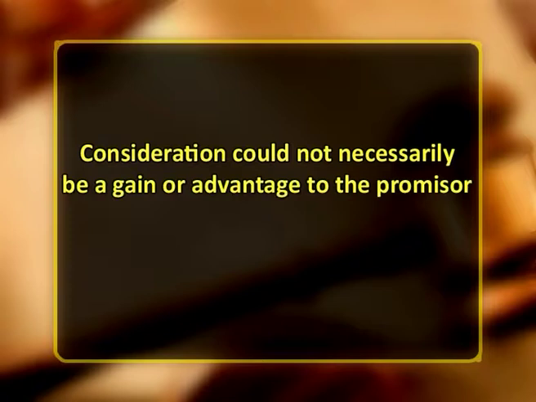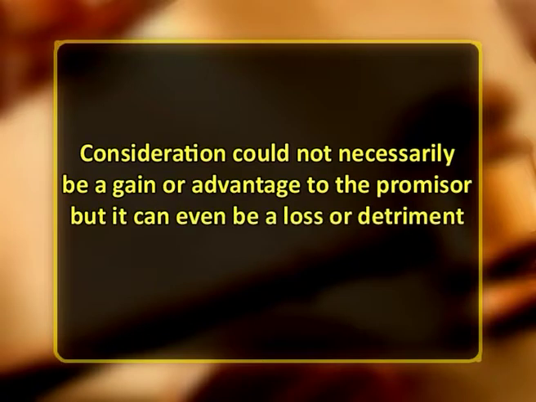Here, B does not offer any consideration to A. Is this a valid contract? The answer is that B has suffered a detriment or disadvantage while allowing A to carry his goods. This illustration is given to prove the point that consideration does not necessarily mean gain or advantage to the promisor, but it can even be a loss or detriment to the promisee.